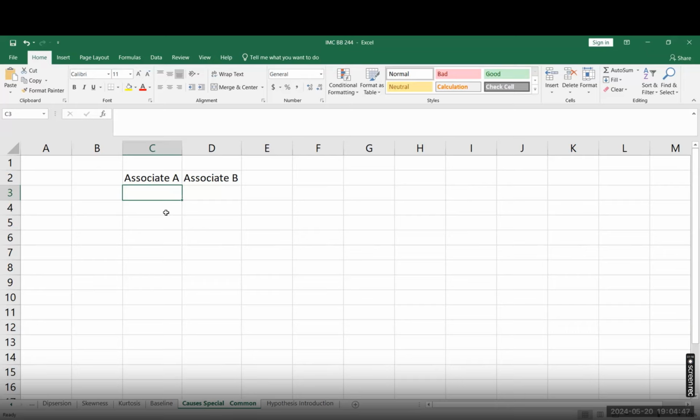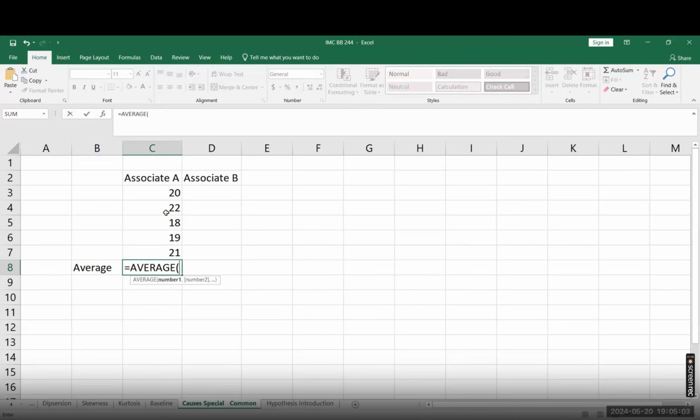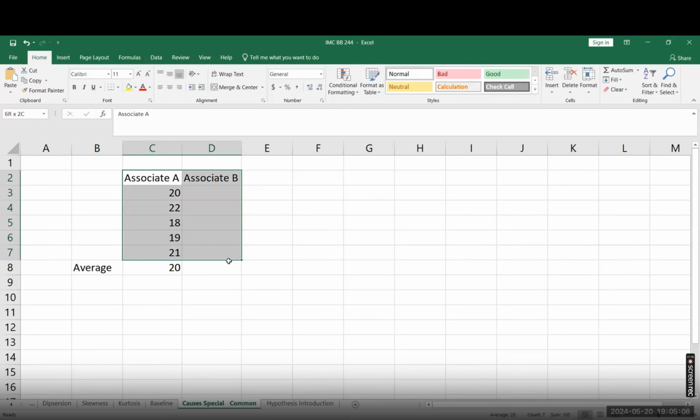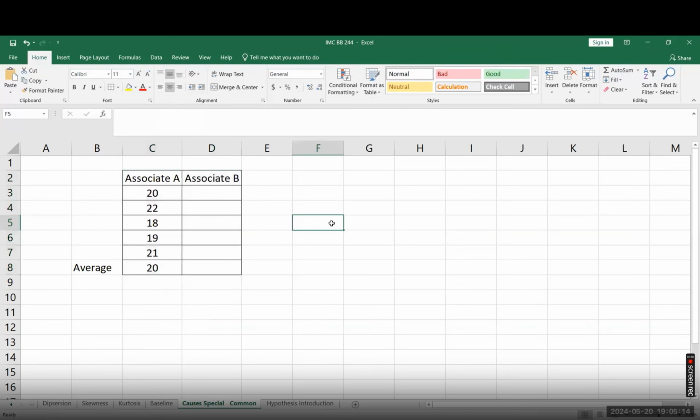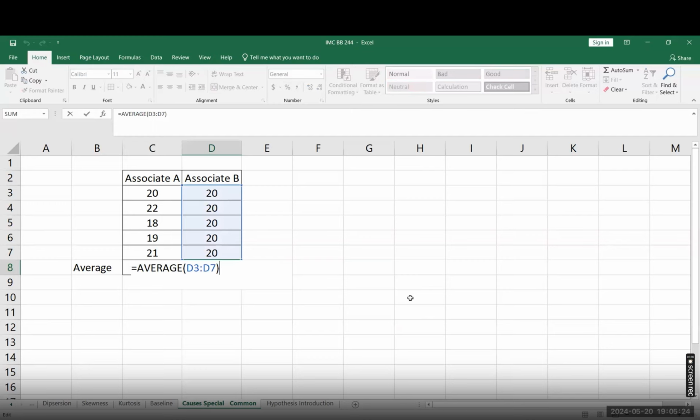Maybe associate A is doing it in 20 minutes, sometimes 22 minutes, sometimes 18, sometimes 19, sometimes 21 minutes. You look for the average of this person. The average time this person is taking is, let's say, around 20 minutes. Now you have a second team member, who is taking 20 minutes every time. And if you take the average of this data, this average is also 20 minutes.